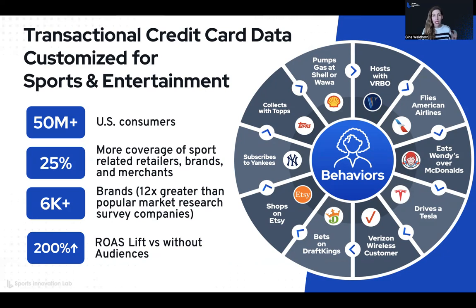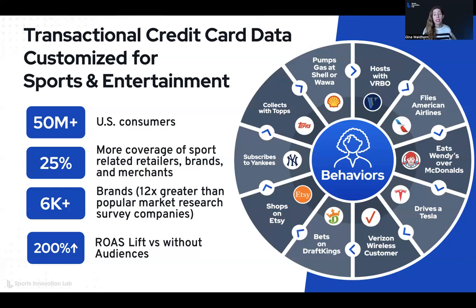We have tagged every team, every venue, every league, the big merchandise players, but also the small ones like the Rally House and the Homage and the Breaking Tee. We have tagged over 2,000 specific new merchants into our data set that matter to sports and media and entertainment brands that are not available in any other transactional data set.